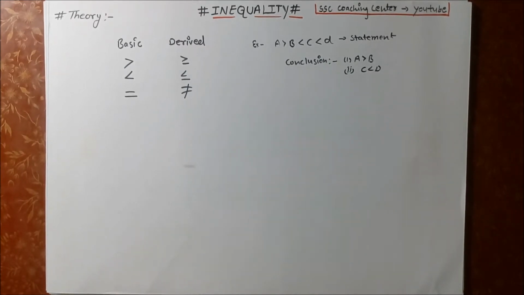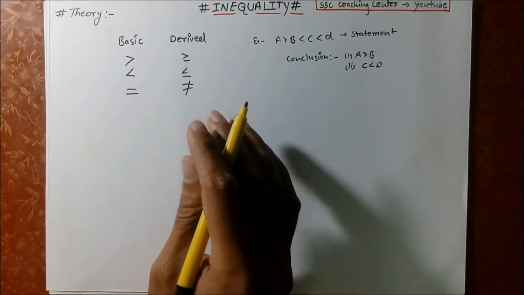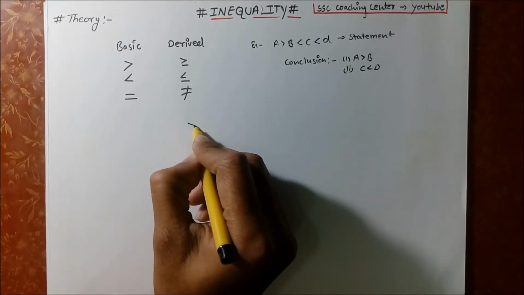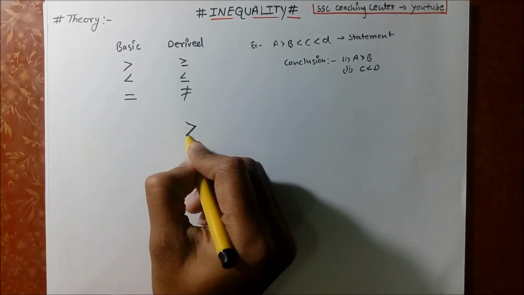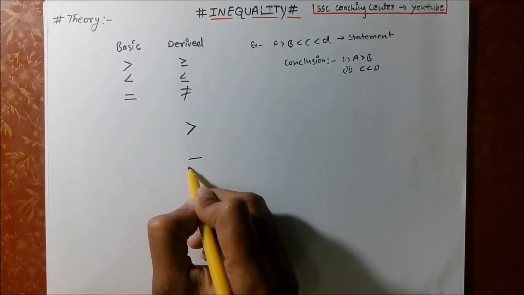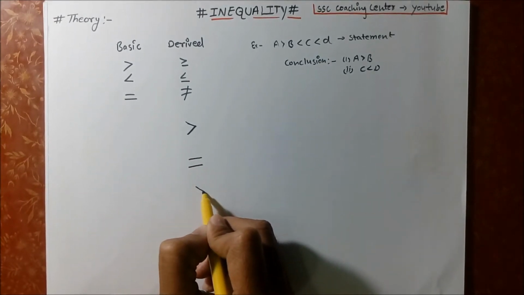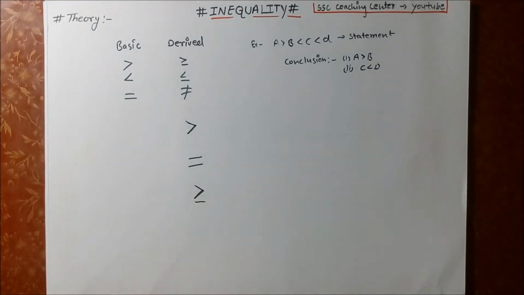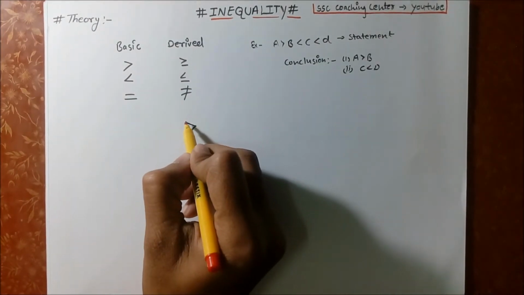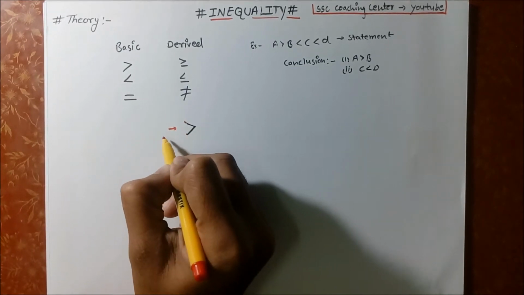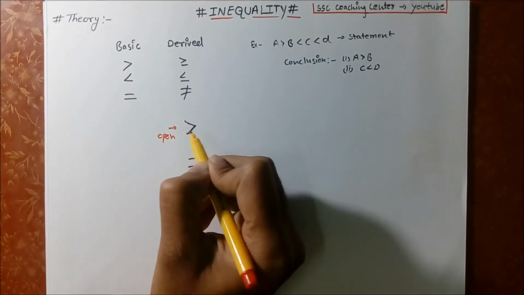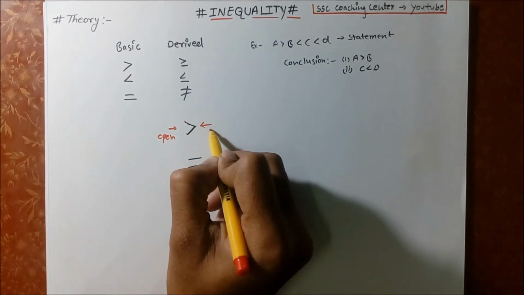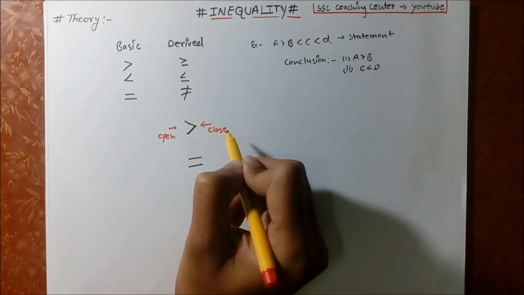For this, I have to take the greater than sign like this, the equal to sign, and greater than or equal to, whatever you want to say it, right? Greater than or equal to, less than or equal to. So for my trick, I will take this end as the open end, and I will take this end as the closed end.